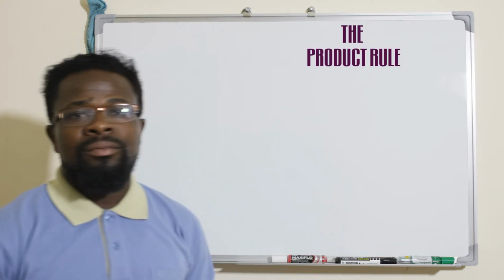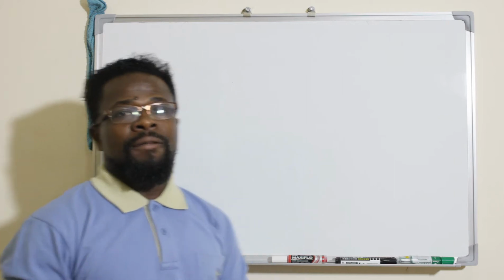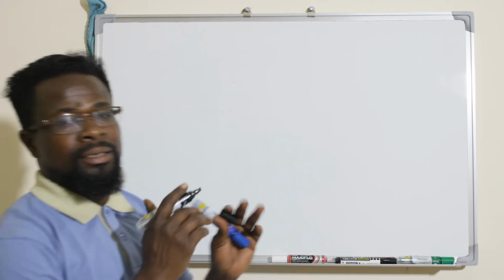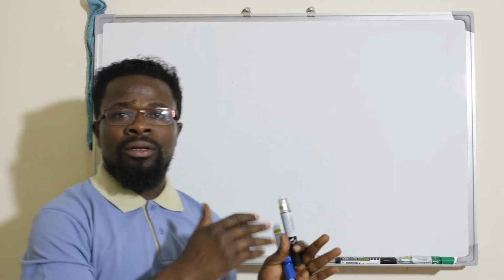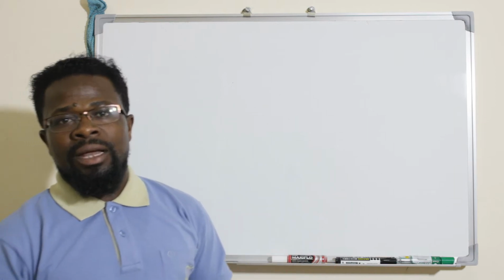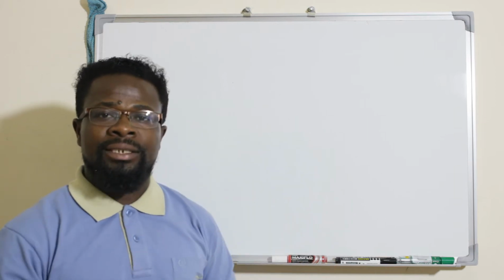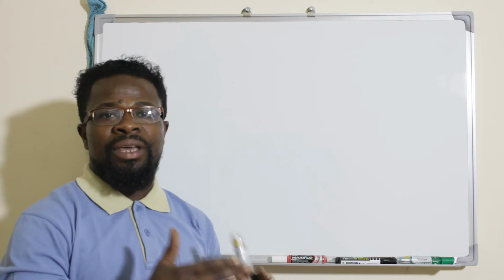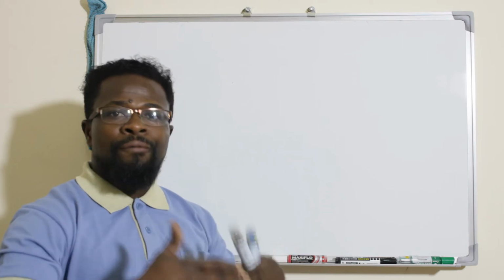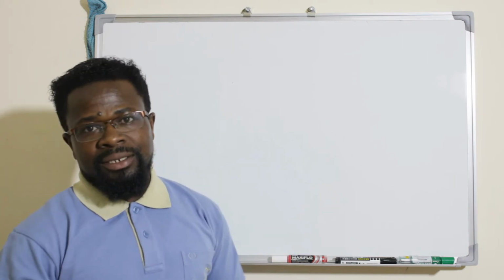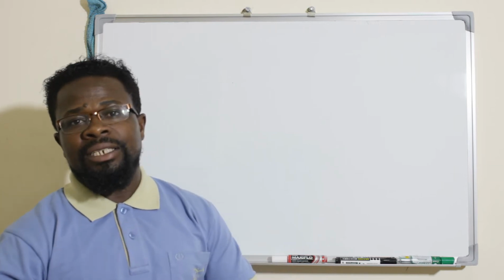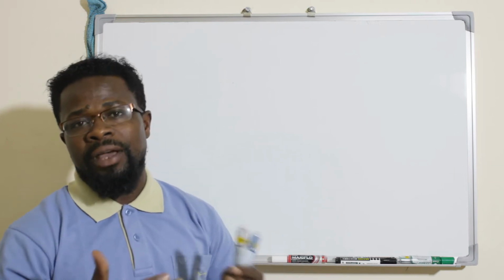Let's assume that we have a function, say y equals a certain function in terms of x, and this function can also be expressed in terms of two different functions, such that each of these functions is also in terms of x.